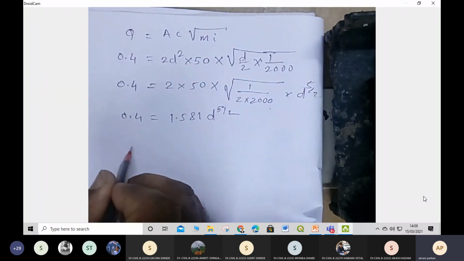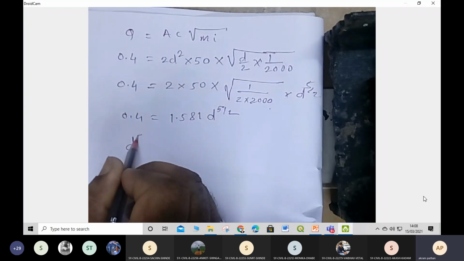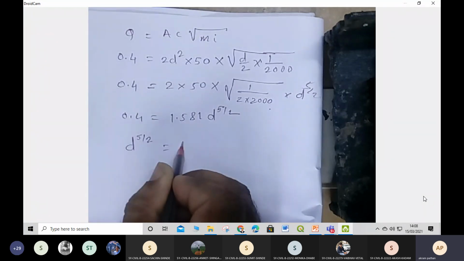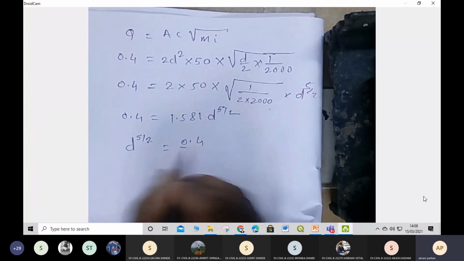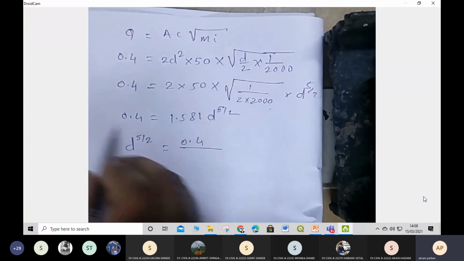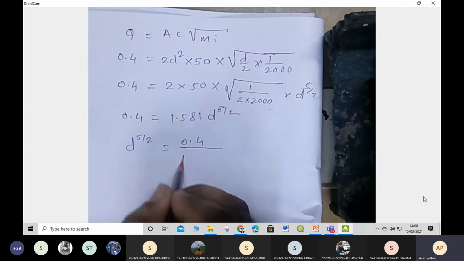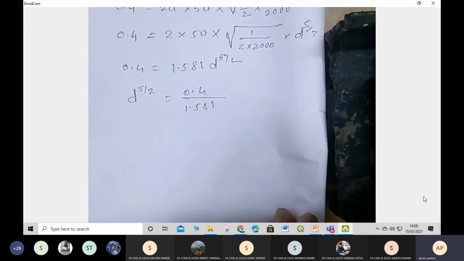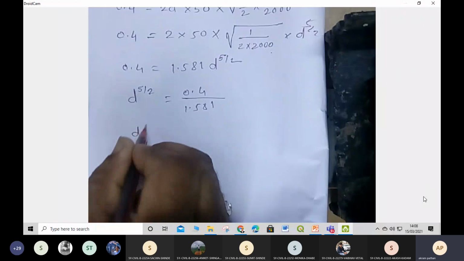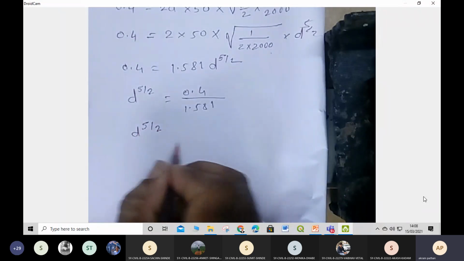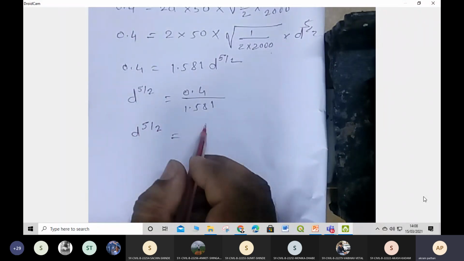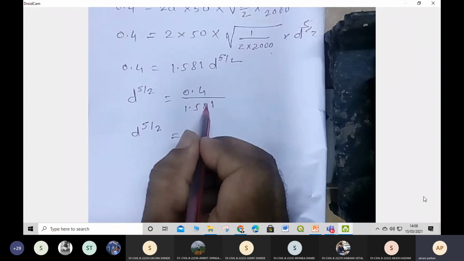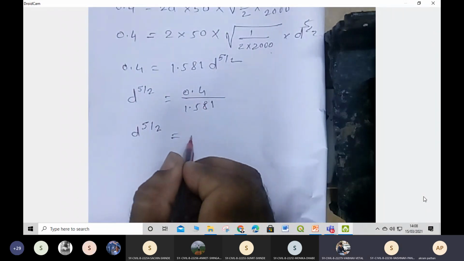So if you want to find d raised to 5 by 2, it is equal to 0.4 divided by 1.581. Then d raised to 5 by 2 is equal to how much? It is 0.253.